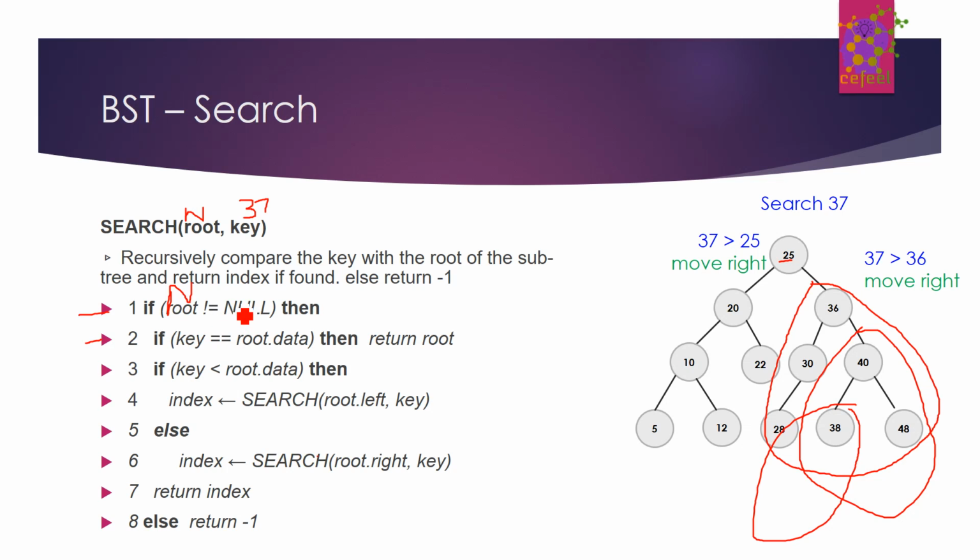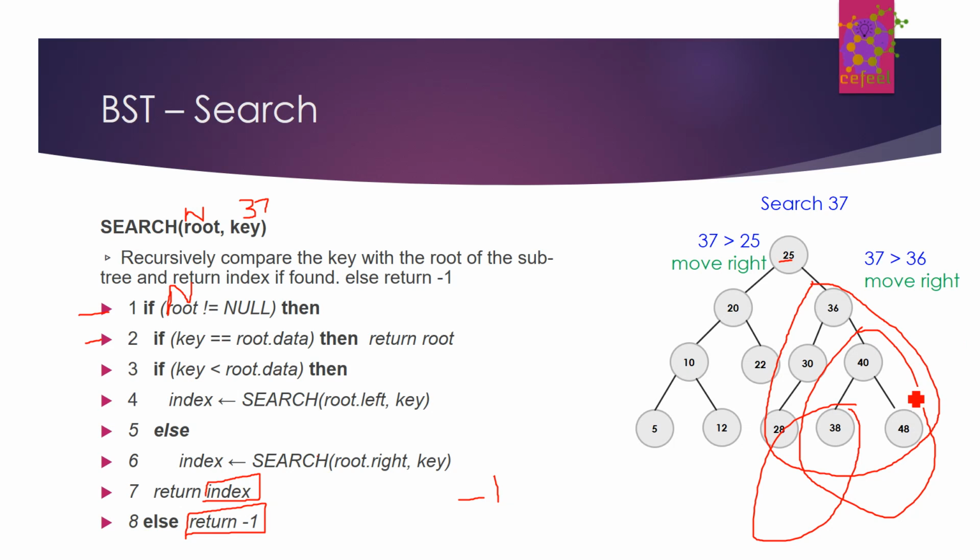Because root is now null, it will not return, it will not go inside the if, and it will go to the else and return -1, which means 37 was not found, and then this is returned to the subsequent callers, which will pass on the same index back to the subsequent recursive calls, and finally this will return -1. Why? Because we saw that the 37 node is not present.